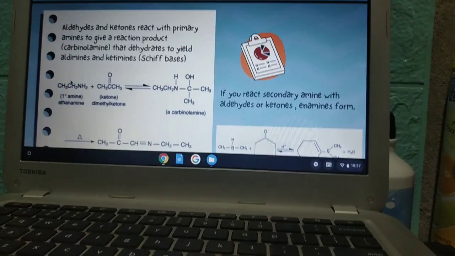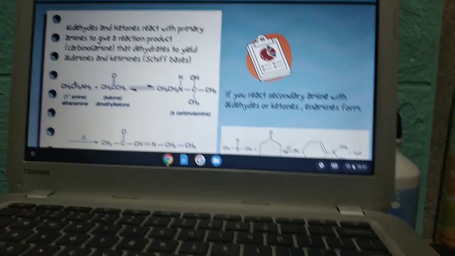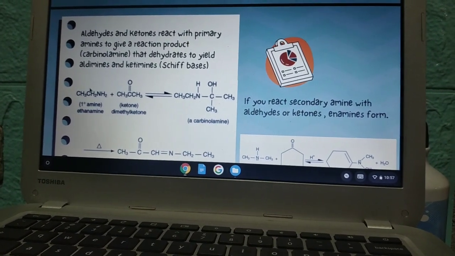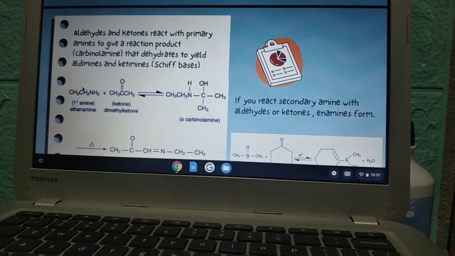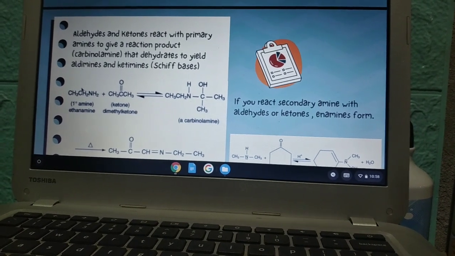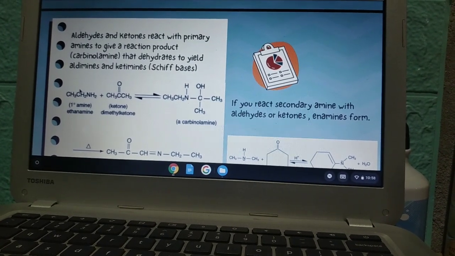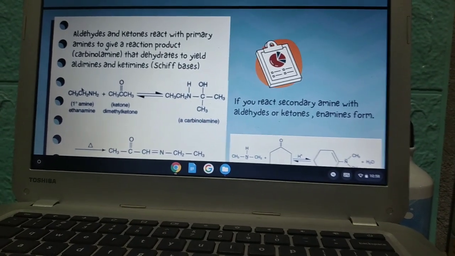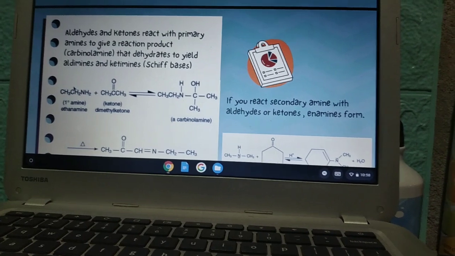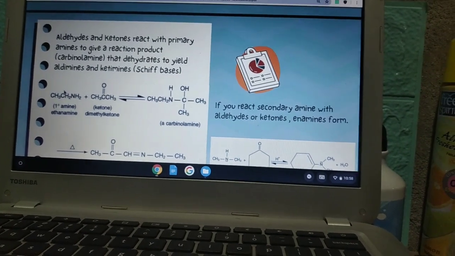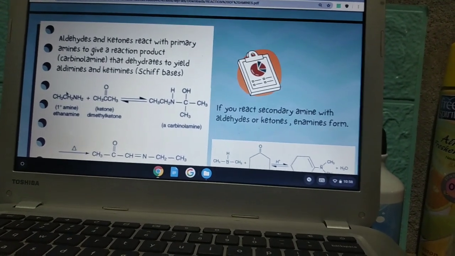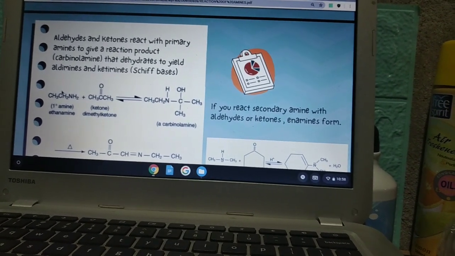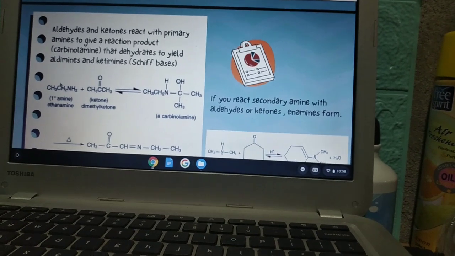The reaction of aldehydes and ketones with ammonia or primary amines forms imine derivatives, also known as Schiff bases, with a carbon double bond nitrogen function. Water is eliminated in the reaction, which is acid catalyzed and reversible in the same sense as acetal formation.